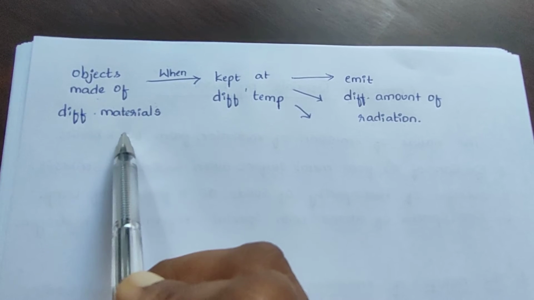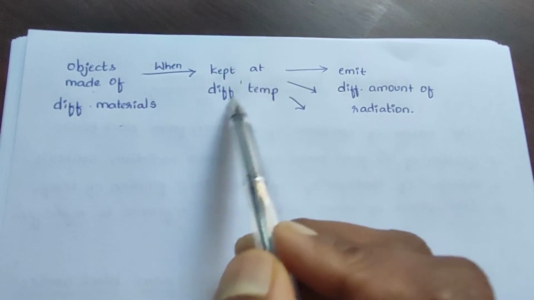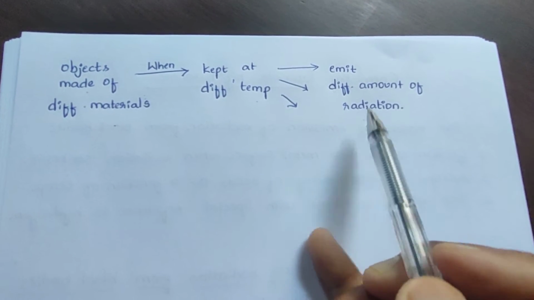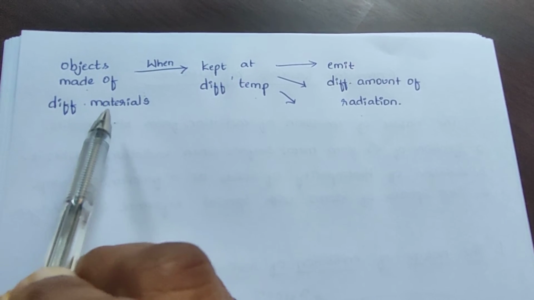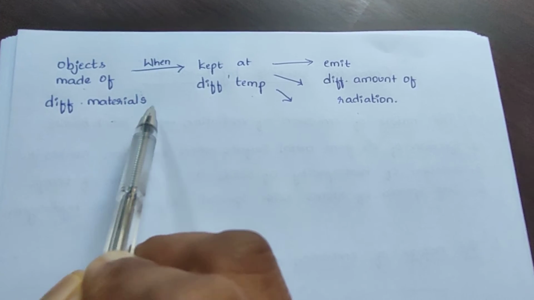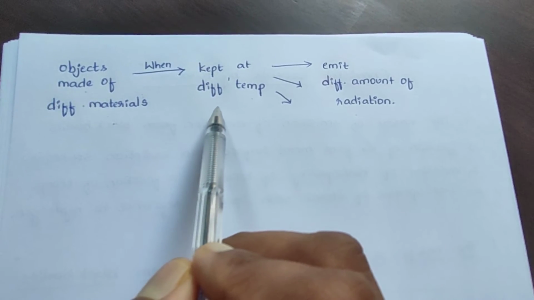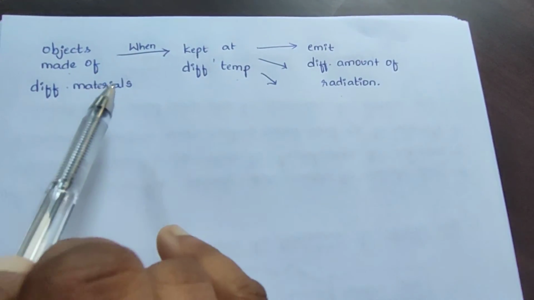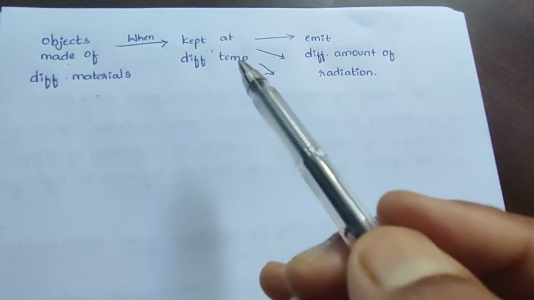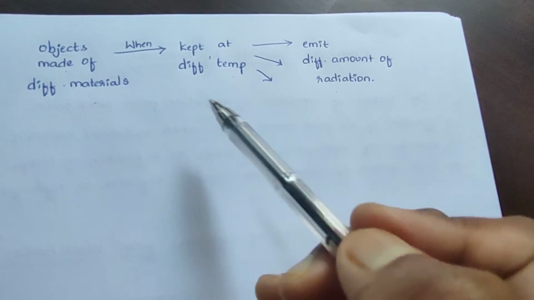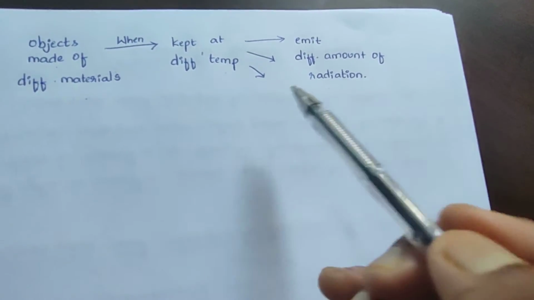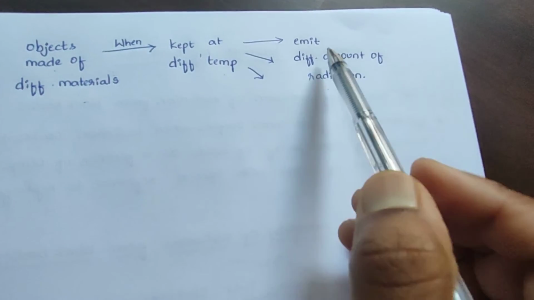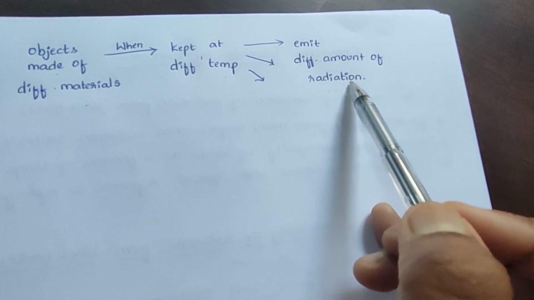Objects made of different materials, when kept at different temperatures, emit different amounts of radiation. Irrespective of the material we are taking, if we place an iron rod at a particular temperature and observe the radiations emitted, and if we take copper and keep it at the same temperature at which the iron rod is placed and observe the electromagnetic radiations emitted, we can find the same electromagnetic radiation wavelength.